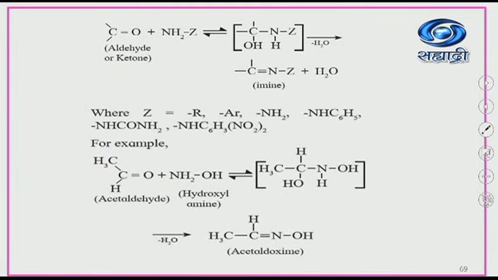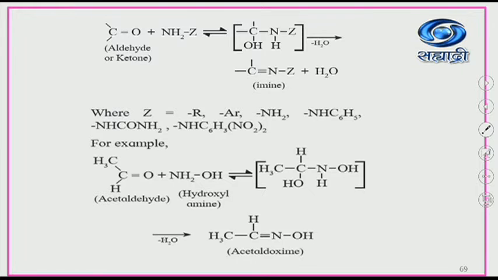So this is the reaction here: aldehyde or ketone, carbon double bond oxygen, plus NH2Z, which is reversible, giving the unstable product, carbon bond OH bond NZ bond H. When the water molecule is eliminated, it gives carbon double bond nitrogen bond Z plus H2O.